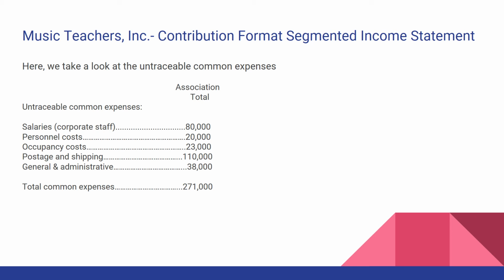So this was the amount remaining from the total postage and shipping that we couldn't account for earlier. So the balance went here, 110,000. And then it tells us in the book also general administrative was 38,000. It told us that in the original income statement or revenue and expenses statement. So the total common expenses were $271,000.